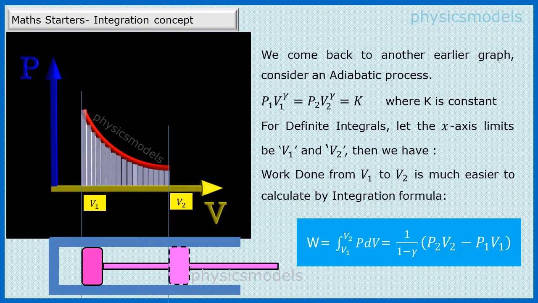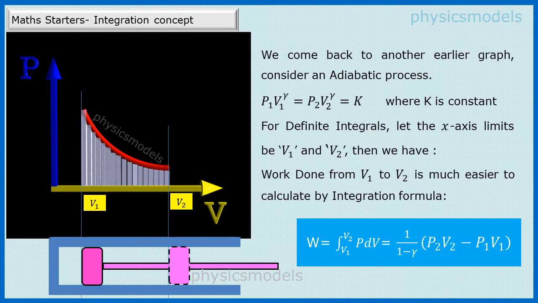Let's look at the more complicated graph of pressure versus volume. The initial volume here is V1, the final volume is V2, and the pressure decreases along the hyperbolic graph. Now, it's possible to see that if we were to calculate the area of each one of those rectangles, it would be extremely tedious, and we would still get a lot of errors, although the gaps look very small here.